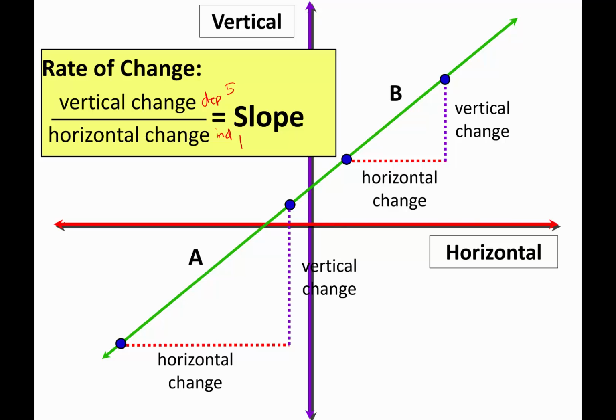They're always the same. So if this vertical change was 5 and this horizontal change was 1, even though obviously that doesn't look like it's drawn to scale, this vertical change might be 10 and this horizontal change might be 2. They're the same ratio. 10/2 is the same as 5/1. And that's what it means to be linear.